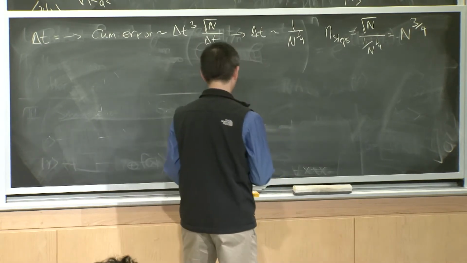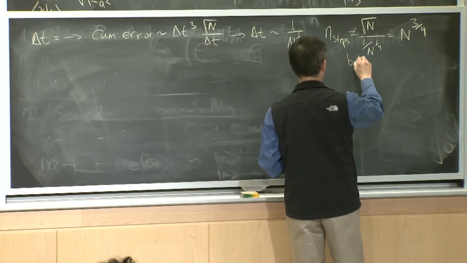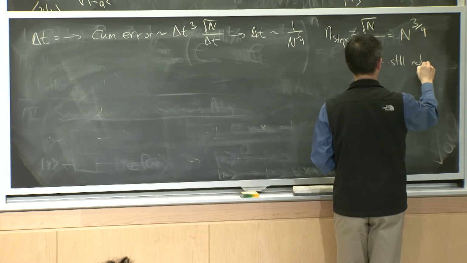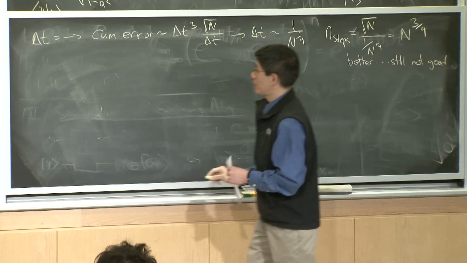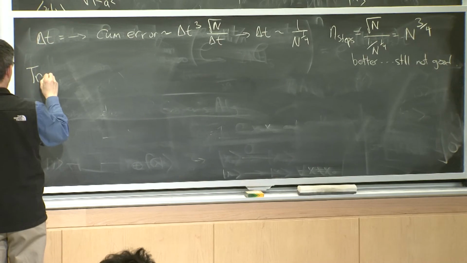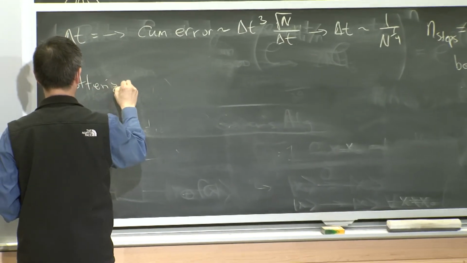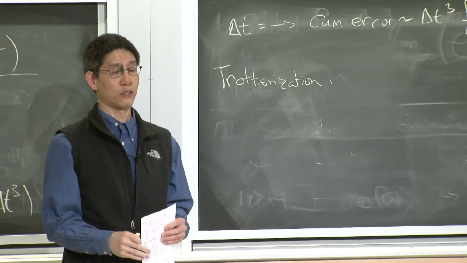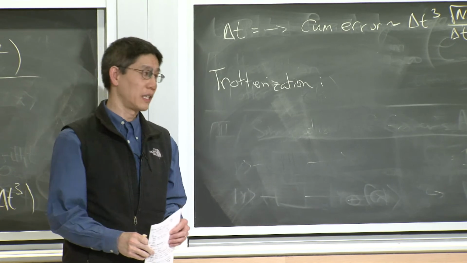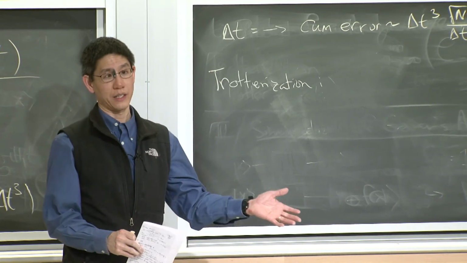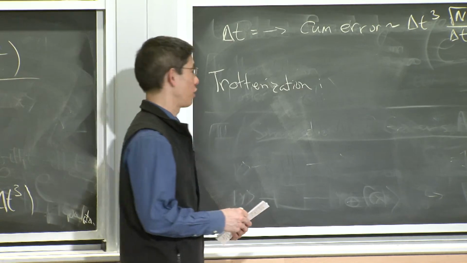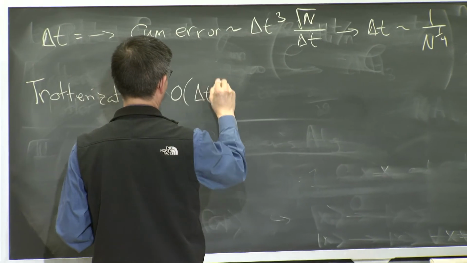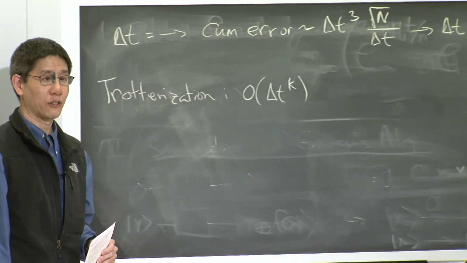Okay, so better yet, better. Still. It turns out what you need is a better trotterization. And in the case of Grover's algorithm, it turns out that a perfect trotterization is known. But if you did not know that, and you were just trotterizing an arbitrary h1 and h2, you would look for much higher order terms, and you would say, well, I do have a delta t to the kth trotterization.